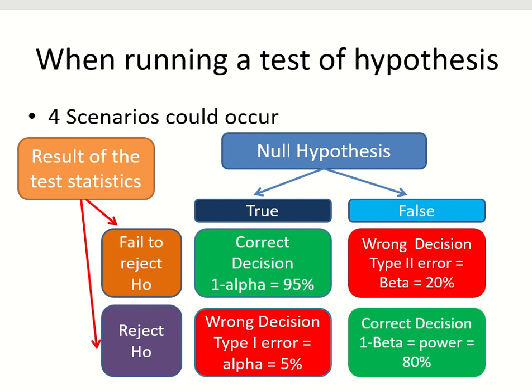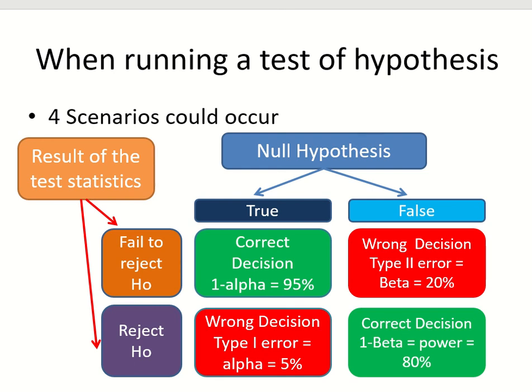Of course, each one of them is running an independent study. 20 of the 100 studies are going to come back and they're going to tell me there's no difference. They would be wrong and they would be committing what we call a type 2 error. And 80 out of the 100 are going to come back and they're going to tell me, yes, there is a difference, and they would be right, and they would have achieved power. Okay? So here are the four scenarios that can occur.